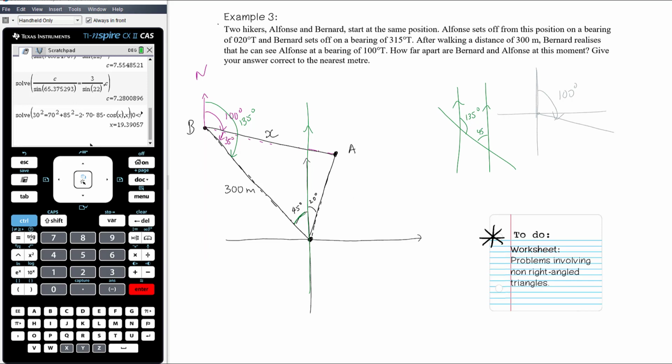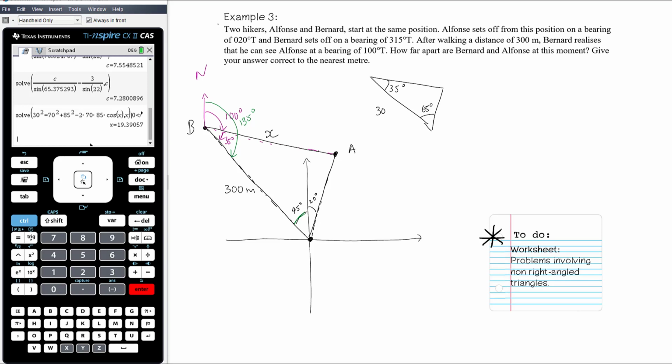Okay, so we needed to find a way to use that 100-degree bearing. One way to do that is to use the co-interior angles with the 45-degree angle, and then we can work out that that's 35 up there. Okay, so let's be clear about what we've got here. So in our triangle, at the bottom here, we've got a 65-degree angle, 20 plus 45. Up here, we've got a 35-degree angle, okay?